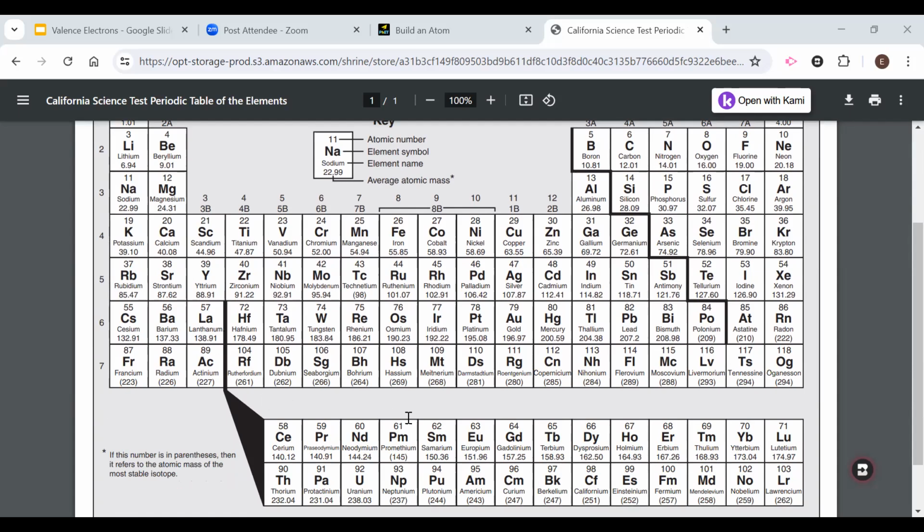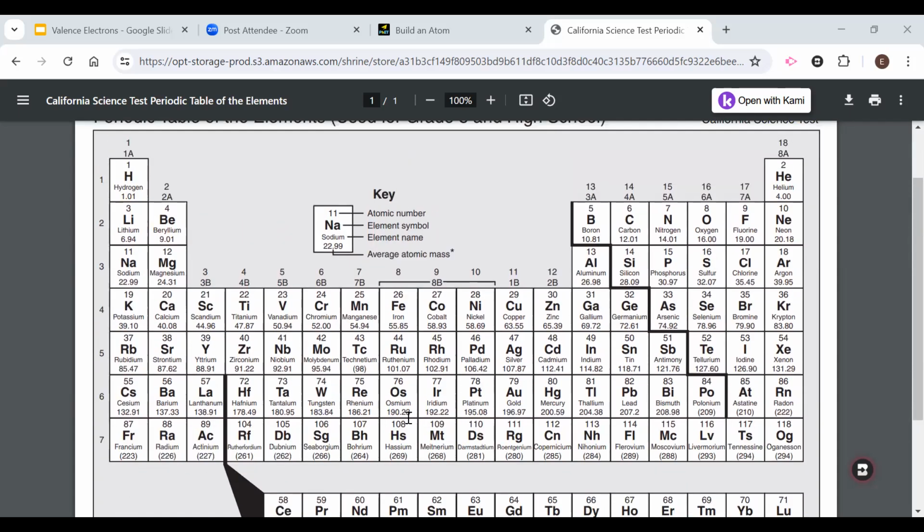Okay, now there are what we call main group elements. These elements, we can predict their valence electrons. We can predict how the group reacts. If you look at this number, you see 1 to 18, but there's another number, 1A, 2A.